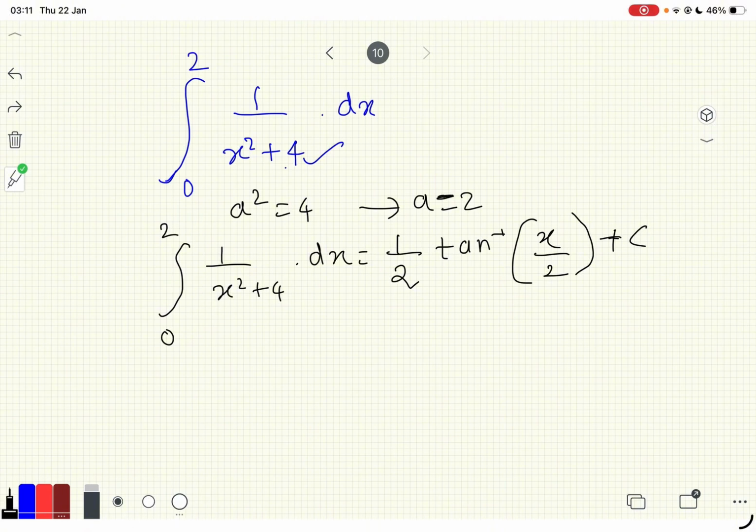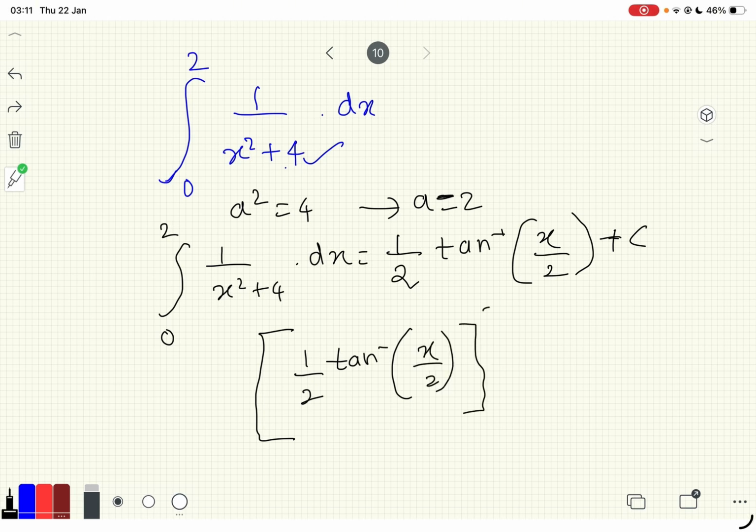Now after we integrated, this is a definite integral, so you're going to apply the limits from 0 to 2. So it would be one half tan inverse x by 2, where the upper limit is 2 and the lower limit is 0.